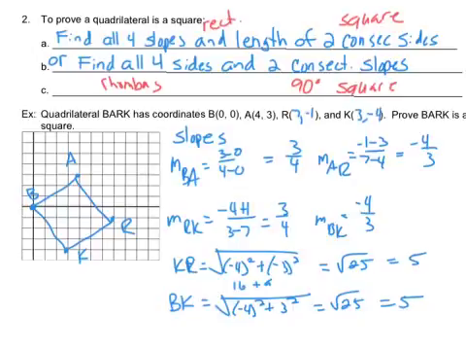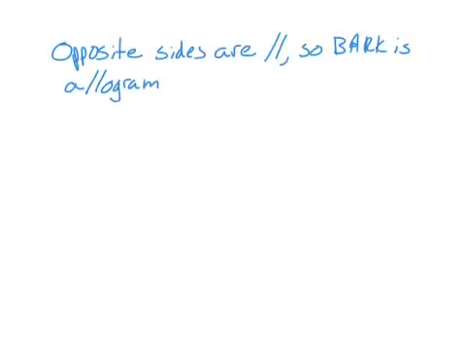What we need to do is to write concluding statements, and I'm going to go to a blank page to do that, but you probably have space on here in your example underneath. Alright, so here's what we're going to say. We're going to do like 3 sentences here. Our first statement based on the slopes says opposite sides are parallel, so BARK is a parallelogram.